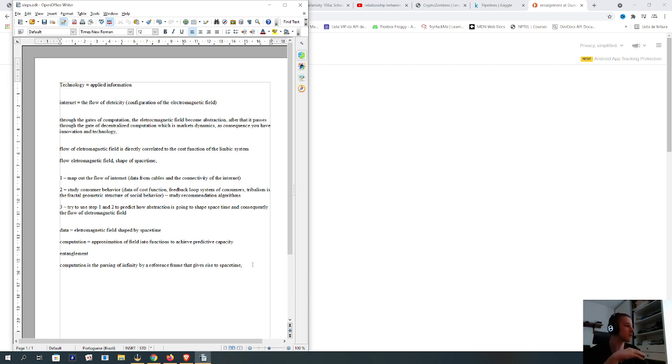I think electromagnetic field and space-time are in the same level. And computation is the approximation of the field. And that's why the double slit experiment.